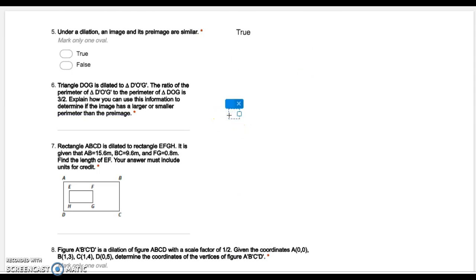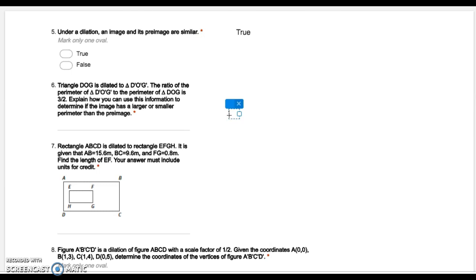Number 6, triangle DOG is dilated to triangle DOG. The ratio of the perimeter of the image DOG to the perimeter of the pre-image DOG is 3/2. Explain how you can use this information to determine if the image has a larger or smaller perimeter than the pre-image.